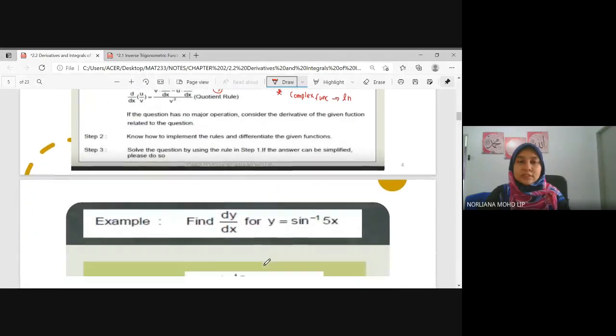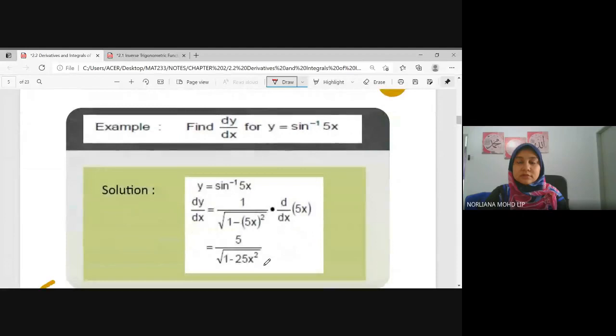Okay, look at the example. Find dy over dx for y equal to sine inverse 5x.